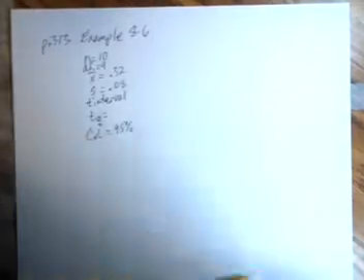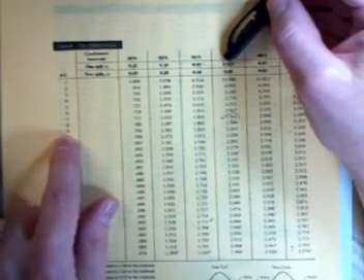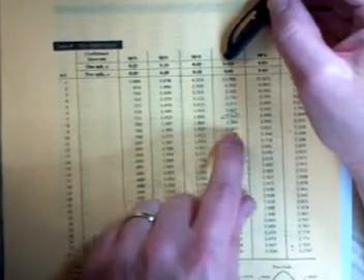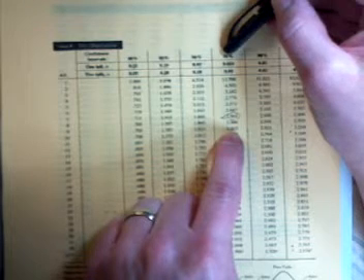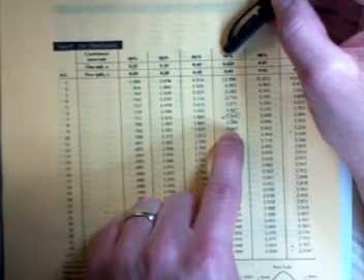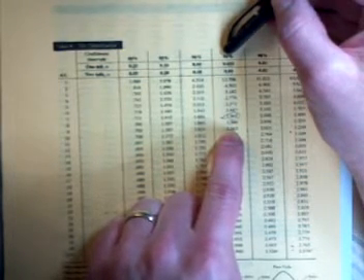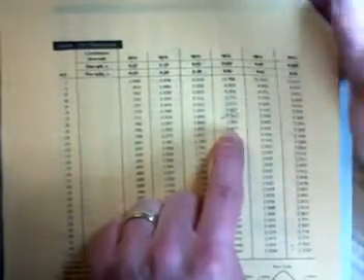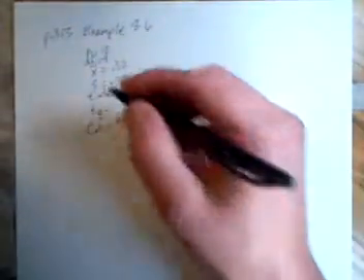So that's 9. So going back to your page 684, your chart of t-scores, you go down to your 9th row, you go across the 9th row until you end up in the 95% column, and your t sub alpha over 2 is 2.262. Again, that's 2.262.